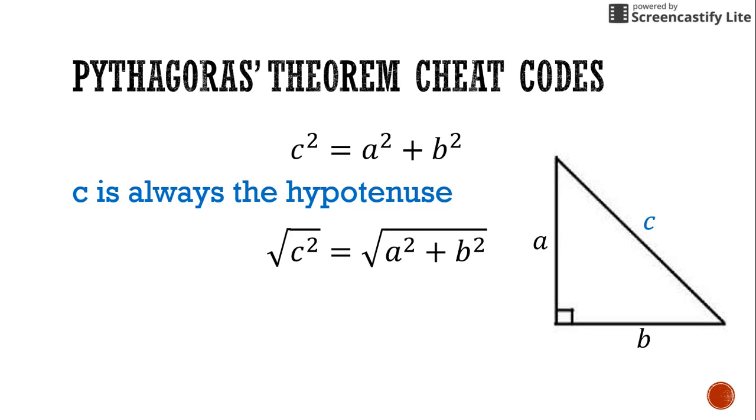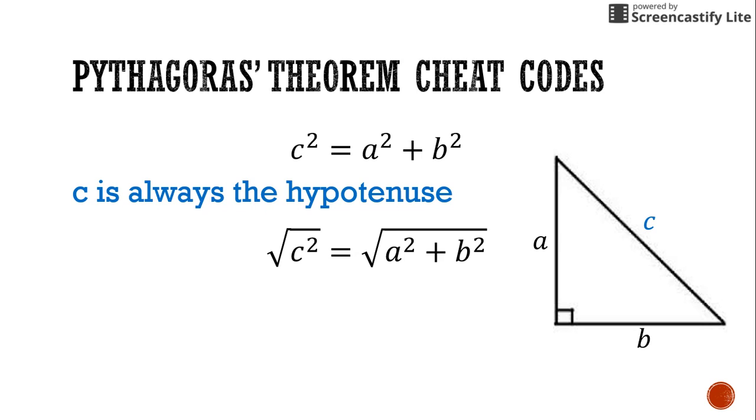And we are not interested in C squared at all. What we are interested in is finding C. Therefore, to obtain C from C squared, we need to square root the C squared. And like what we've been doing for the past few topics, whatever we do on the left, we have to do on the right.